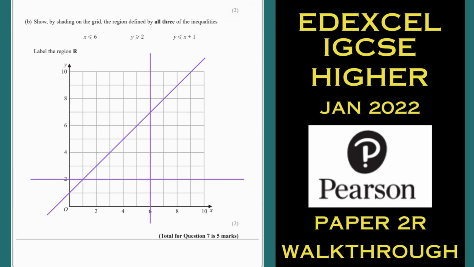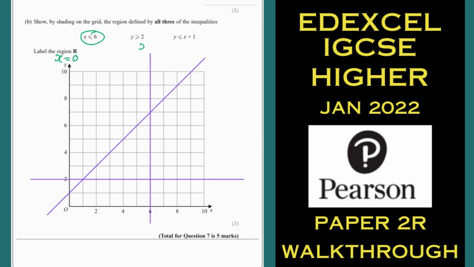Part B, as always, I don't trust myself with my electronic pen, so I've drawn these lines on. Let's remind ourselves of where we get them from. So the line x equals 6, don't forget, another name for the y-axis is x equals 0.